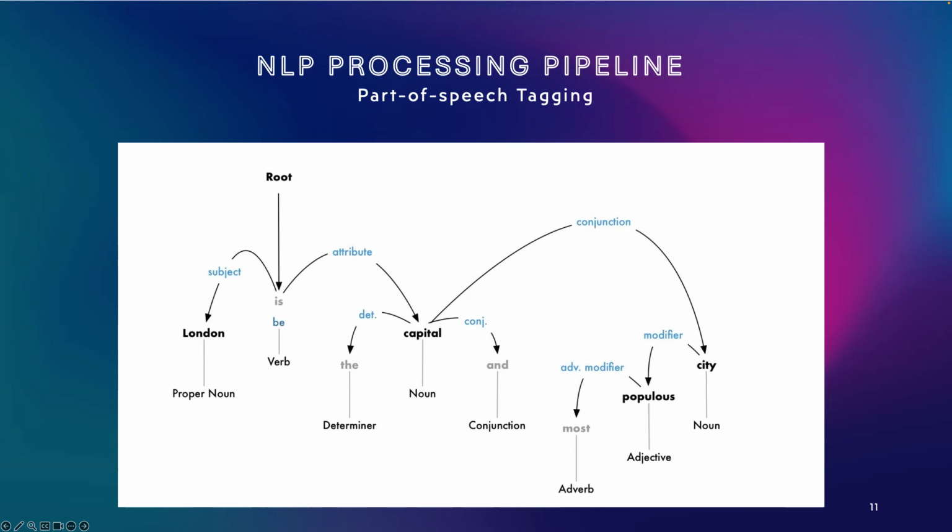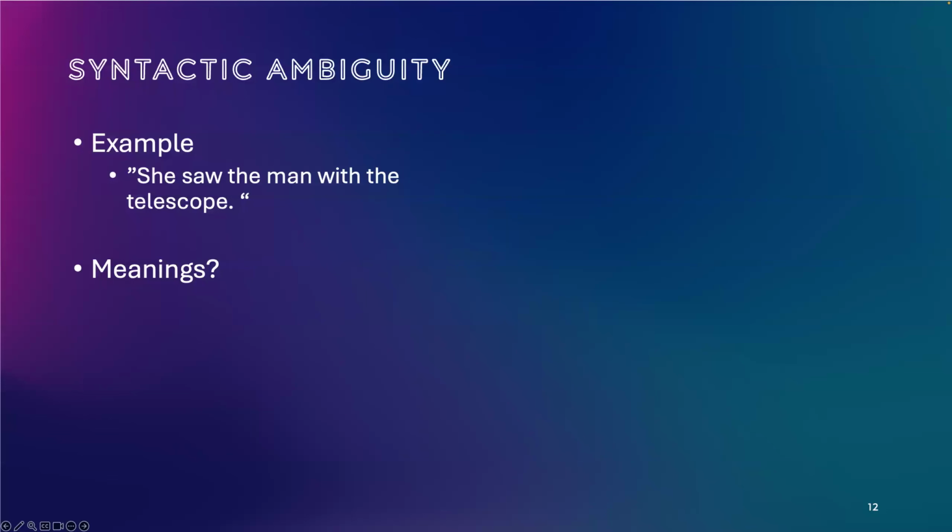And to train it, tokens are inputted with their parts of speech already labeled and so on. So it's a little bit of a long process, and it can sometimes be very ambiguous. So let's look a bit at syntactic ambiguity. Taking this example: she saw the man with a telescope.